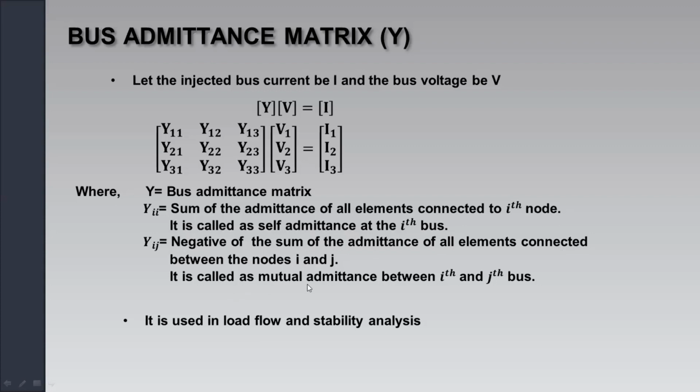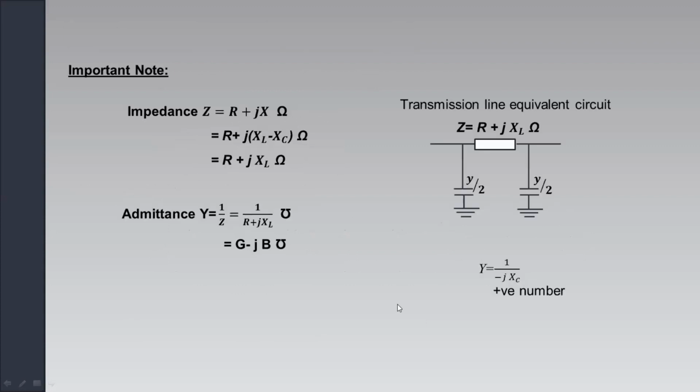It is called the mutual admittance between the ith and jth bus. The purpose of the bus admittance matrix is load flow analysis and stability analysis. Next, we will look at some important basics.